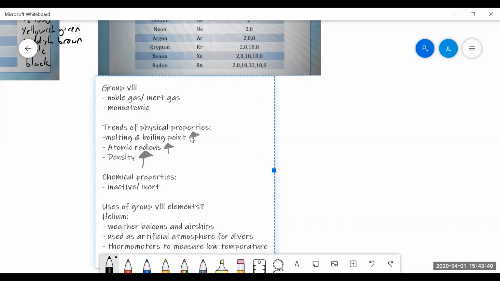Wait, divers breathe in helium? No, they are not breathing helium. Let me check how helium is used in divers.